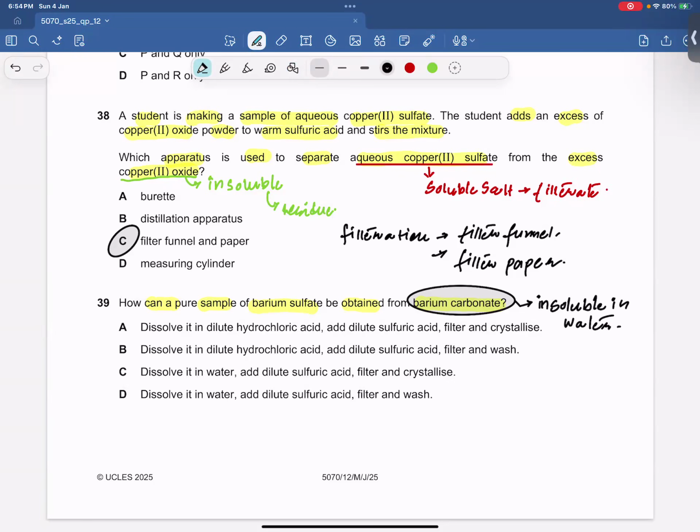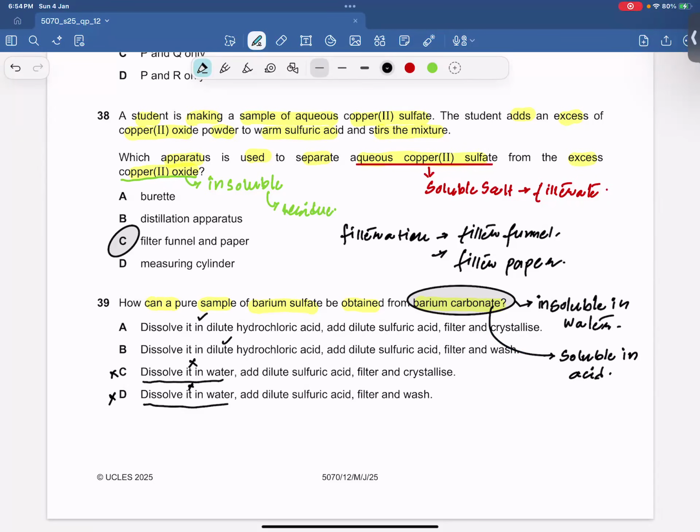Which means 'dissolves in water' is incorrect. That is also incorrect, which is why options C and D are incorrect. But one thing for sure, barium carbonate is soluble in acid, so dissolve it in dilute hydrochloric acid.